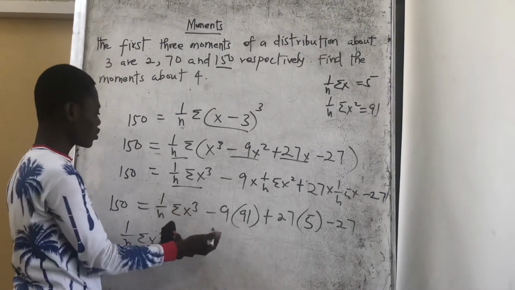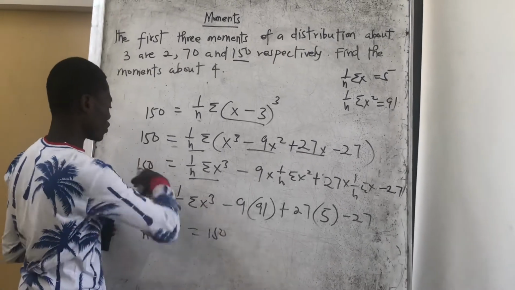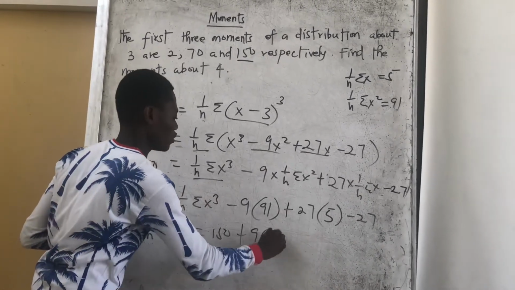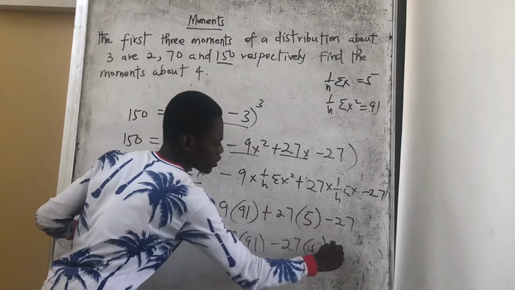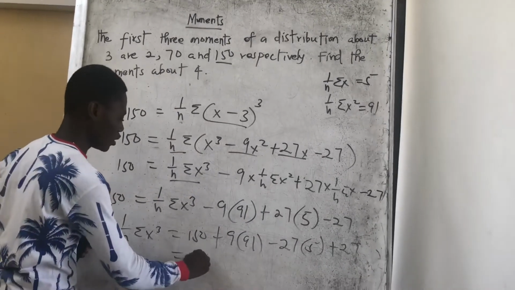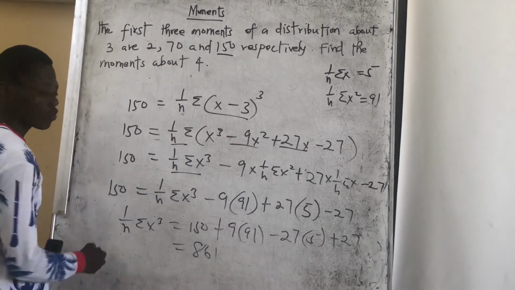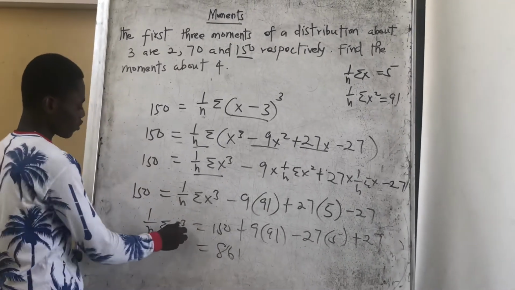Then I'm trying to maintain this and bring all the other ones to the left. So this comes to become positive, then this becomes negative, and this one becomes positive. With your calculator, you can get the value 861 as the value for 1 over n sigma x cubed. So this is the value for this.